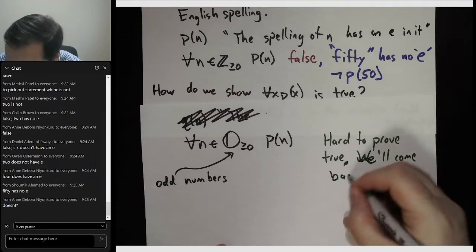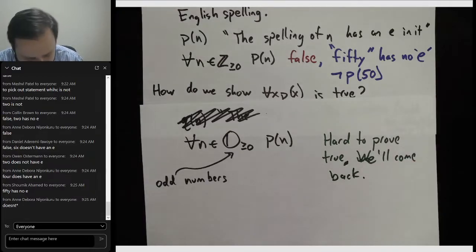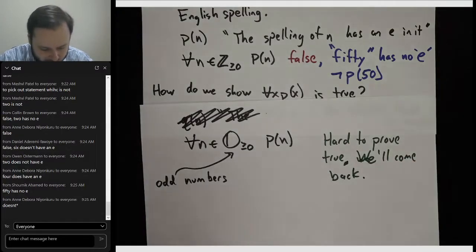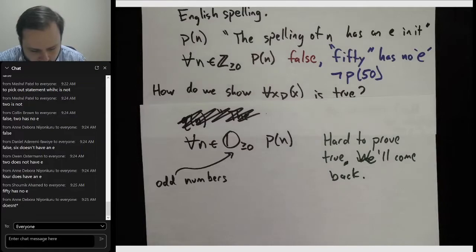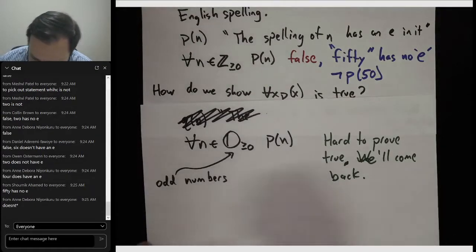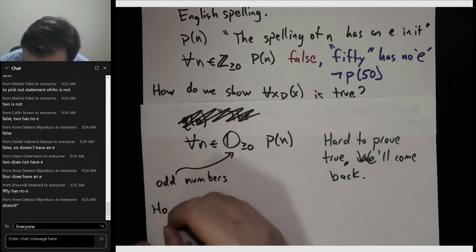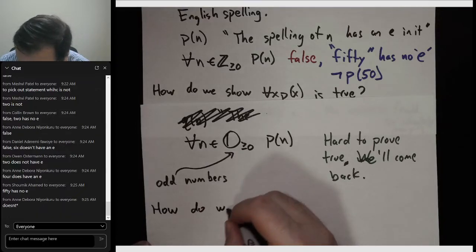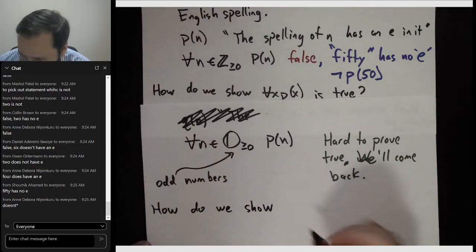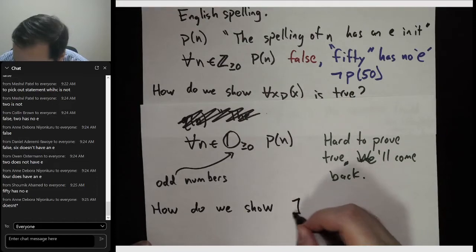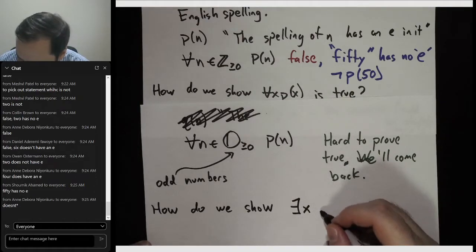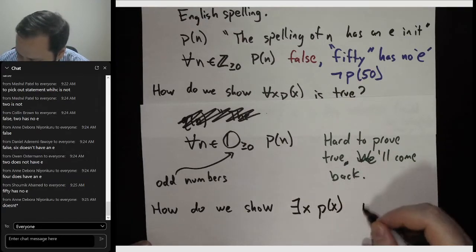First, I want to talk about exists statements as well. How can you show that there exists an x such that P of x is true?